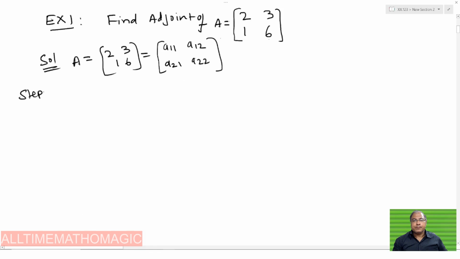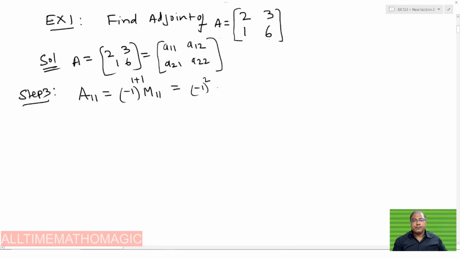Step 3. Under step 3, we have to find out the cofactors of every element. Cofactor A11 is nothing but minus 1 raised to 1 plus 1 times minor M11, which is minus 1 raised to 2.